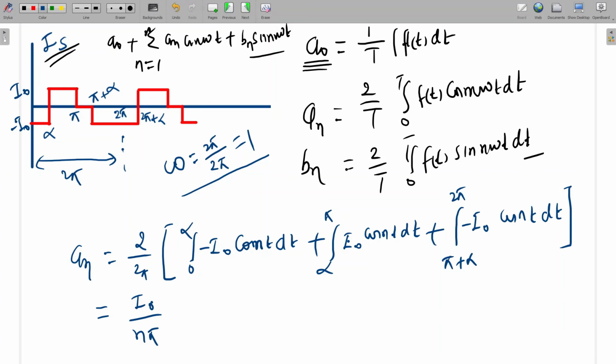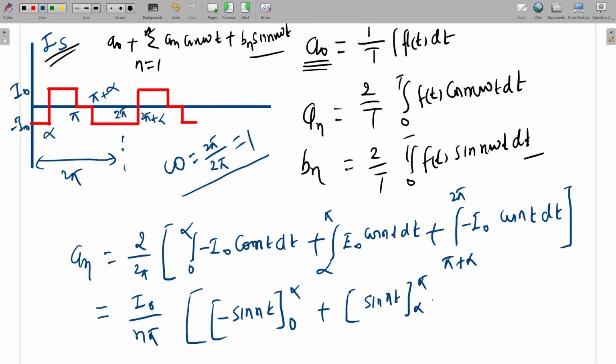Okay. So this we can write as I naught upon n pi. In every integral, if we do it, n will come in division, since the sine differentiation we already covered. So what will be here? Minus sine nt from 0 to alpha, and this will be sine nt from alpha to pi, plus minus sine nt from pi plus alpha to 2 pi.